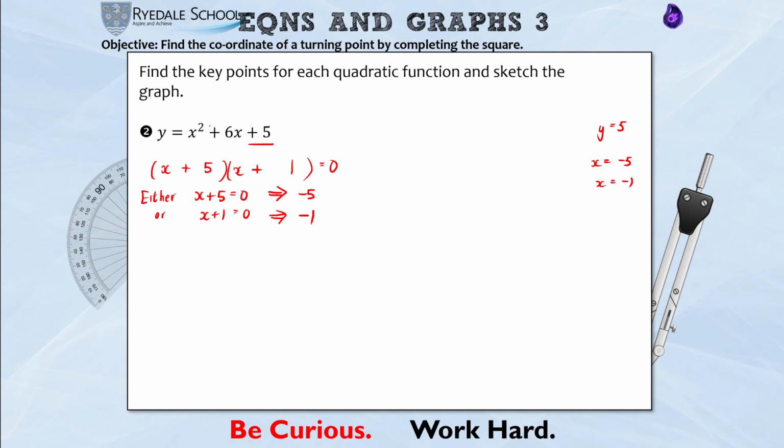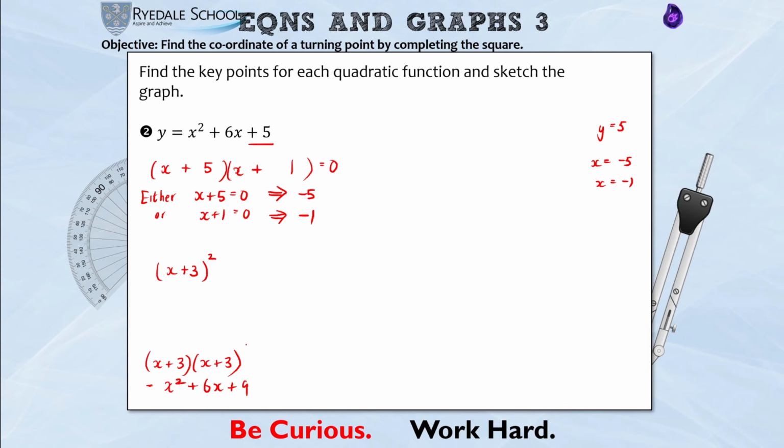Now let's complete the square on this. So half the value of 6 is +3. What is x plus 3 squared? Well, that is x squared plus 6x plus 9. So I've got a little bit too much.